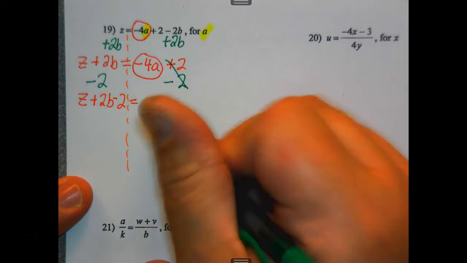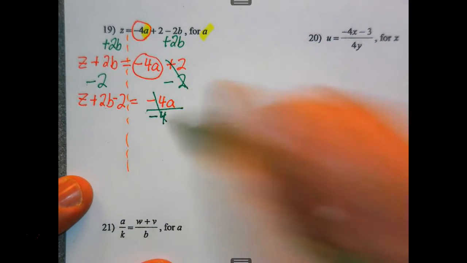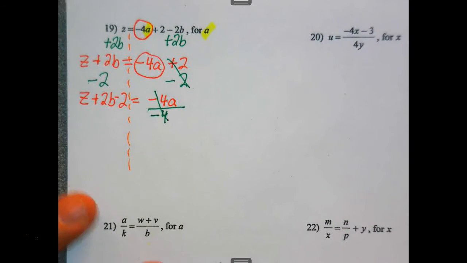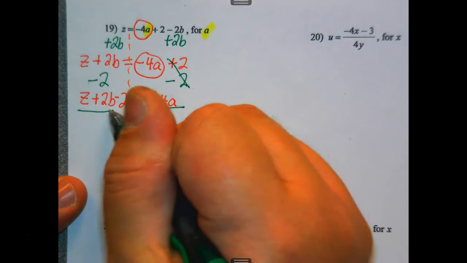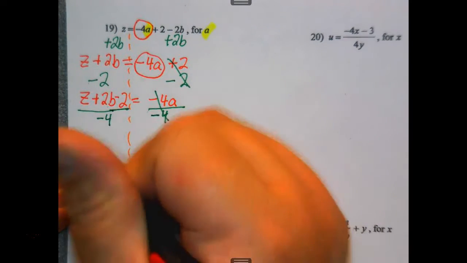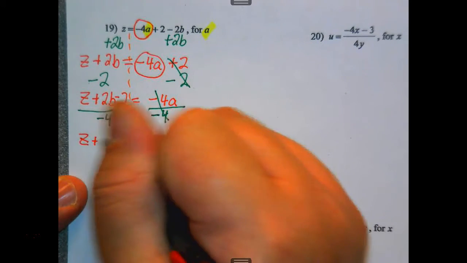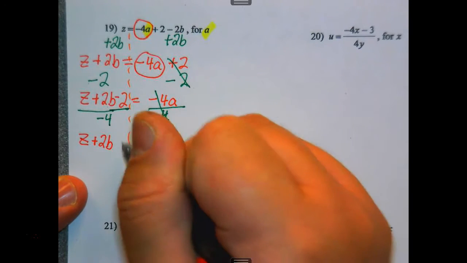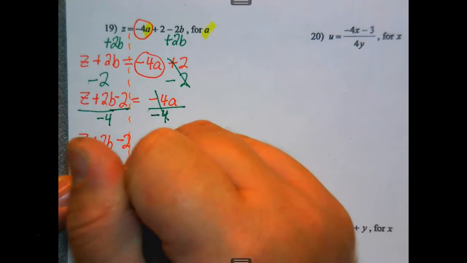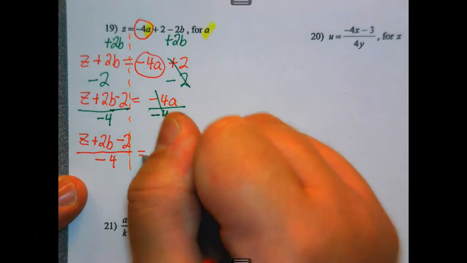And divide both sides by the coefficient, negative 4. Okay, so I have z plus 2b minus 2 divided by negative 4 equals a.